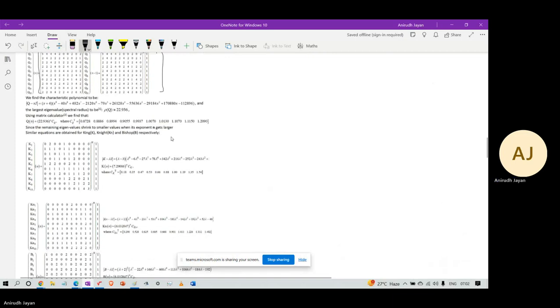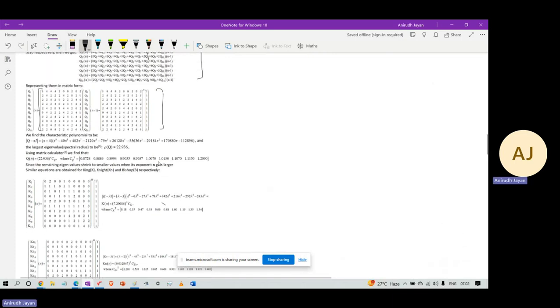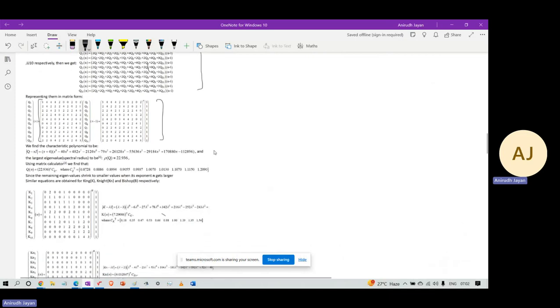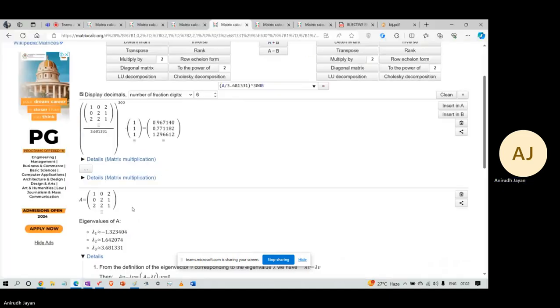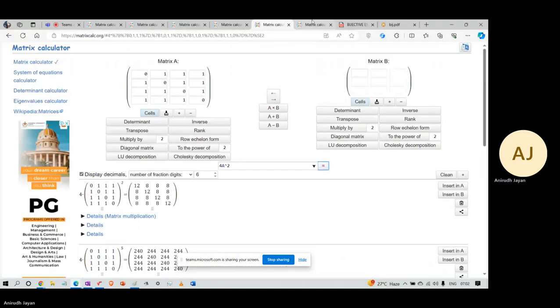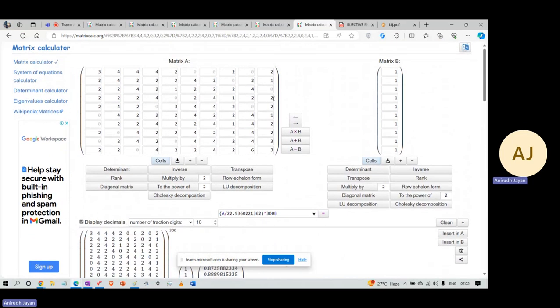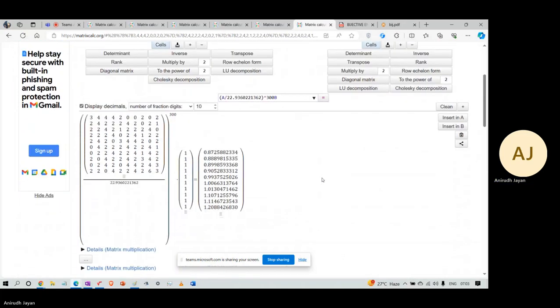Similarly, the characteristic polynomial as before can be calculated using the matrix calculator, and so are the coefficients. One can take a look at this matrix for the queen for an 8 cross 8 chessboard with a 10 cross 10 matrix for the equations for the 10 distinct squares.